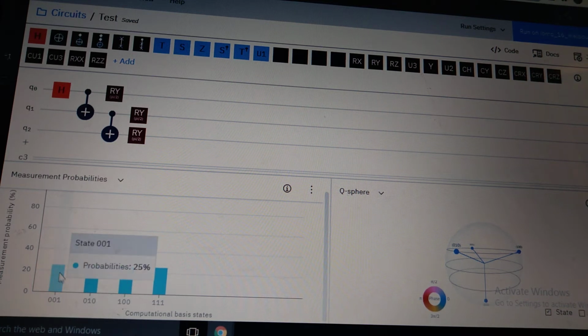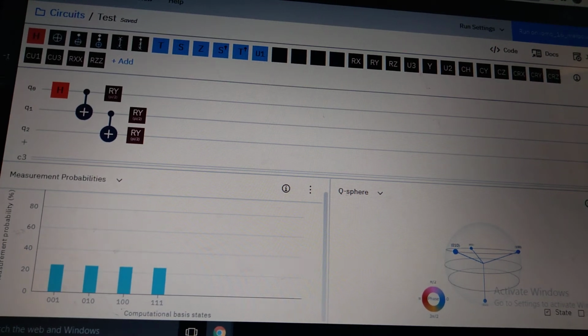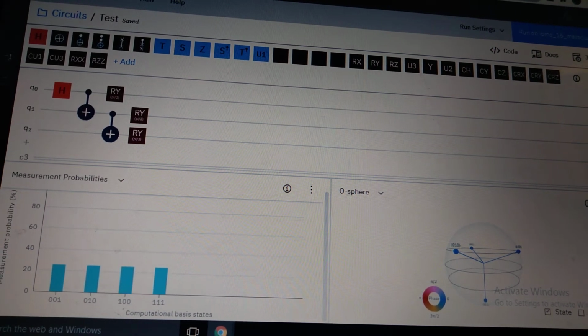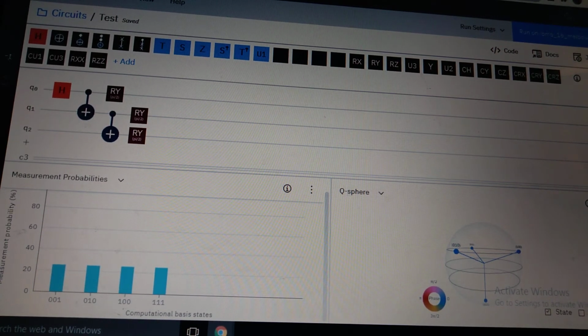Notice something interesting. Notice that we only have 4 possibilities instead of 8. If you think about it, if you had 3 coins, heads or tails, the total number of combinations you could get is 8 possible combinations of heads and tails for all 3, right?